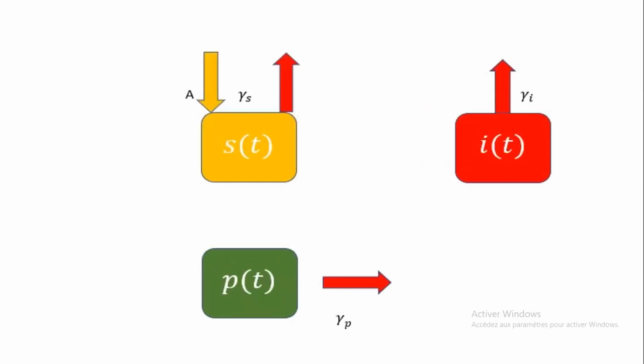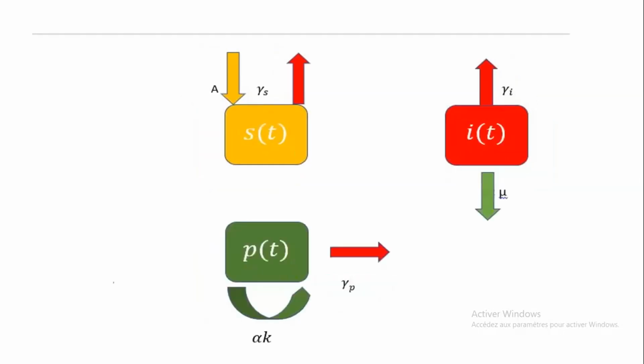The functions gamma S, gamma I, and gamma P are respectively the death rates of susceptible, infected, and protected people. A is the entering people into the S class. Mu is the rate of recovering.